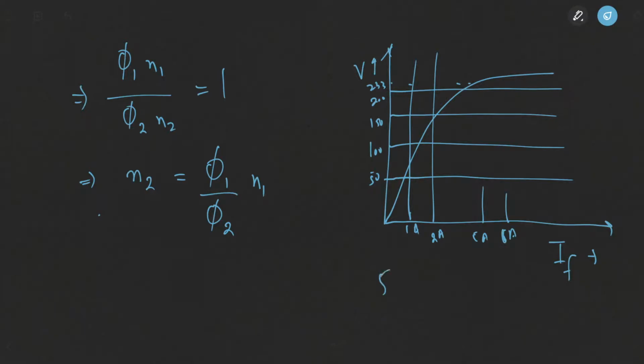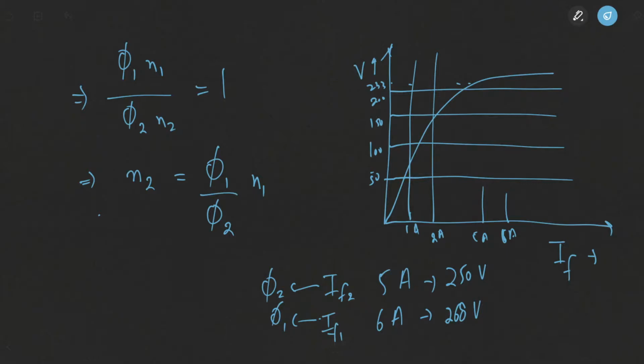From the graph, at 5 amperes the voltage is 250 volts, and at 6 amperes the voltage is 268 volts. So 6 amperes corresponds to IF1 and this is IF2. Therefore this will give us phi 2 and this will give us phi 1.